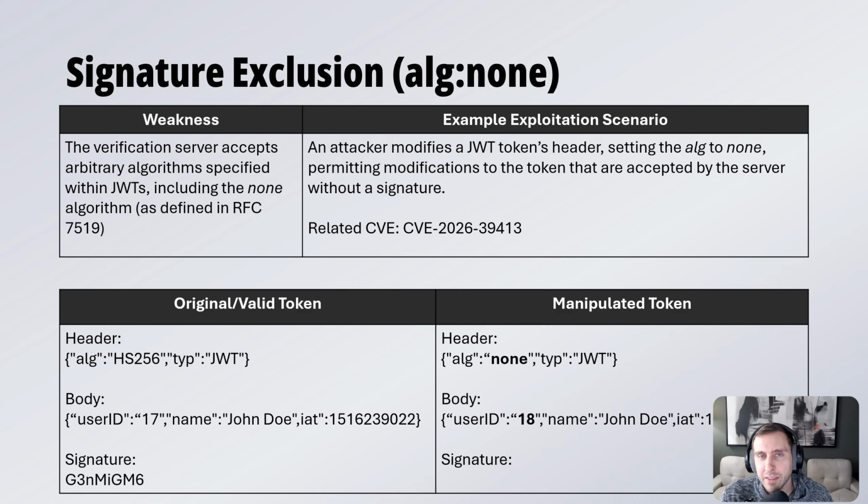I have never seen that be a barrier to exploitation. I've never seen any of the casing variations, which I assume arise from a block list of strings matching none, and it is case sensitive. But nevertheless, tools like JWT tool will automatically build you payloads that include different casing variations of the string none in that header.